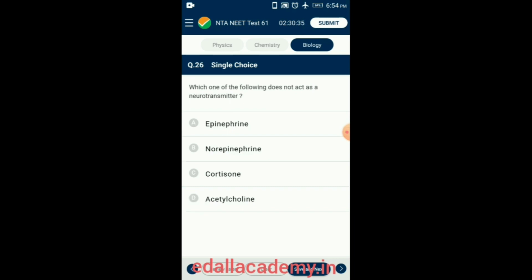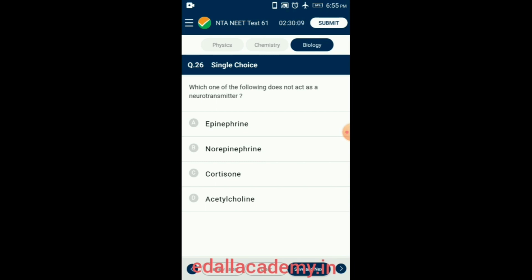Question number 26. Which one of the following does not act as a neurotransmitter? Epinephrine or adrenaline, norepinephrine or noradrenaline, and acetylcholine are the neurotransmitters. These are released by the nerve fibers to transmit the impulse to the next neuron.